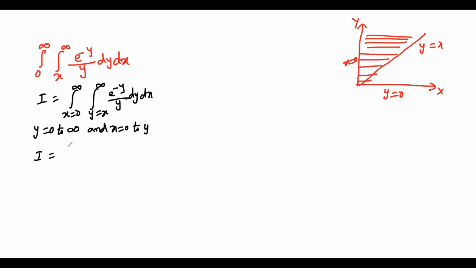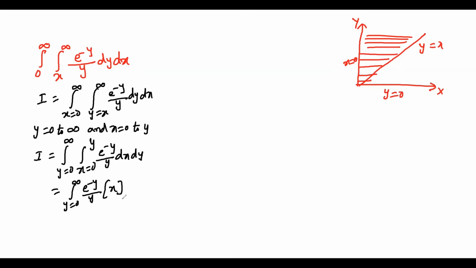Now I is equal to integral y is equal to 0 to infinity, integral x is equal to 0 to y, e power minus y by y into dx dy. That is equal to integral y is equal to 0 to infinity, e power minus y by y, x from 0 to y into dy.